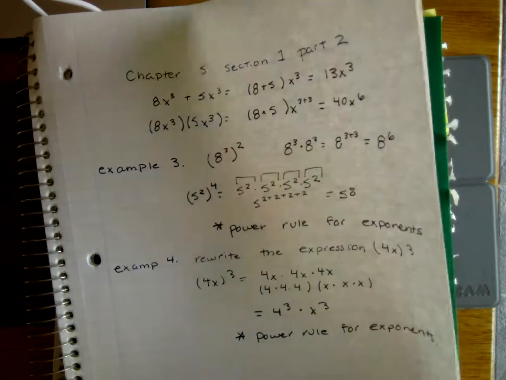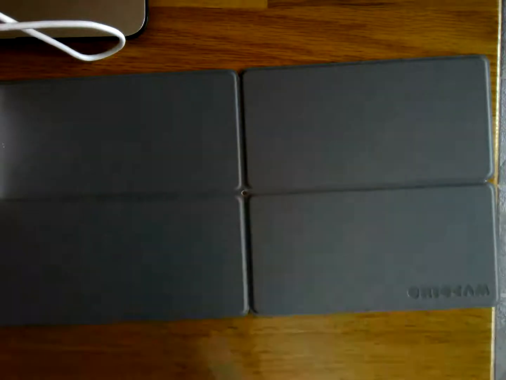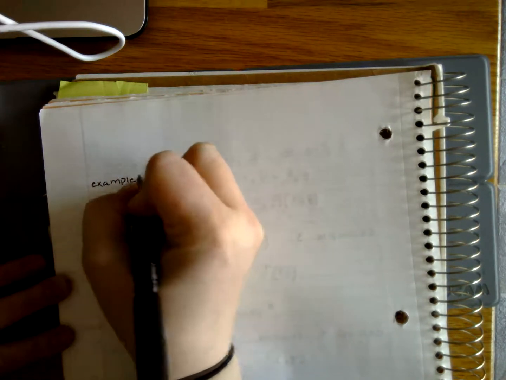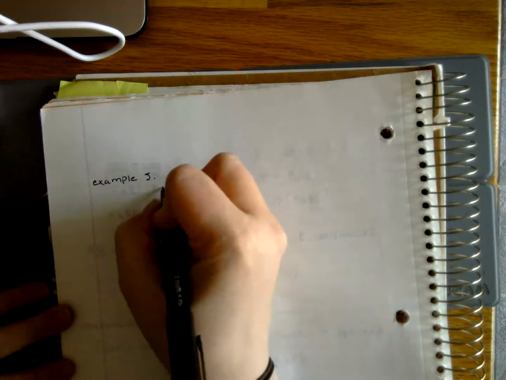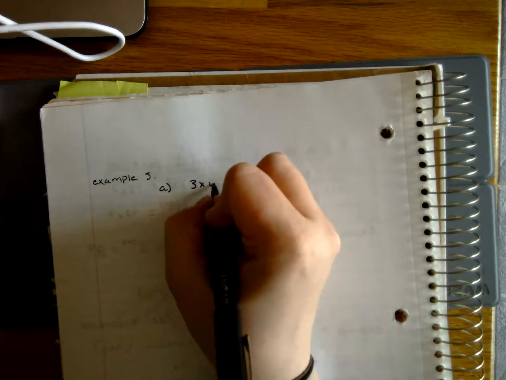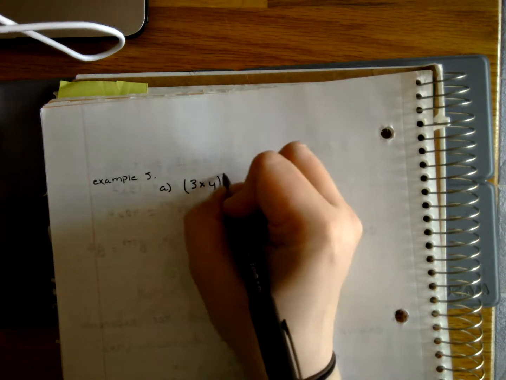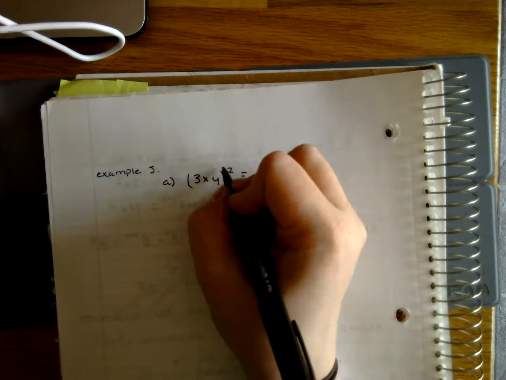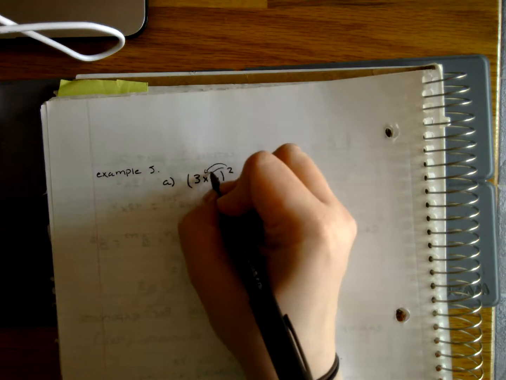So now we are going to do some examples using that. So this will be example 5. So if we have for A, 3xy to the second, the power rule means that this is going to be distributed to here, then here, then here.